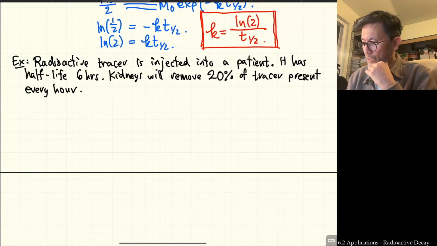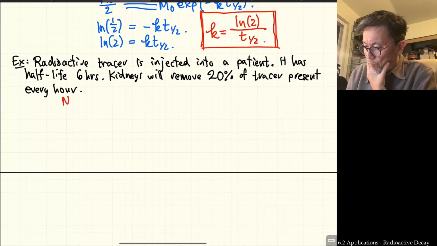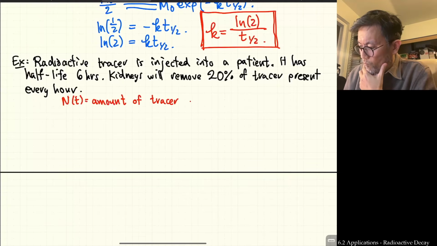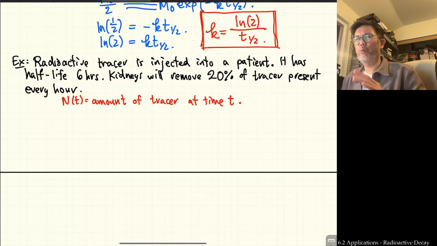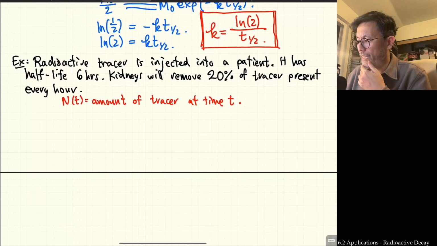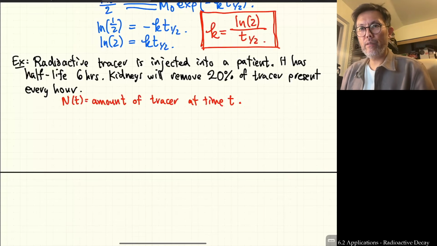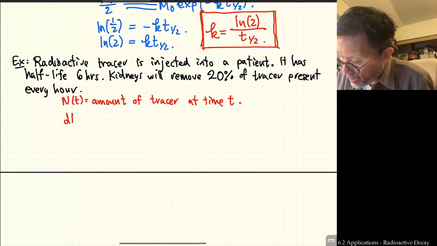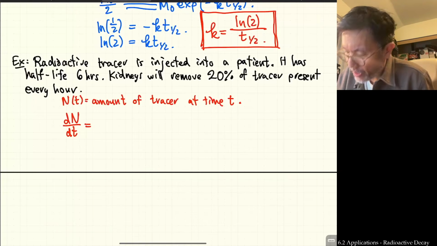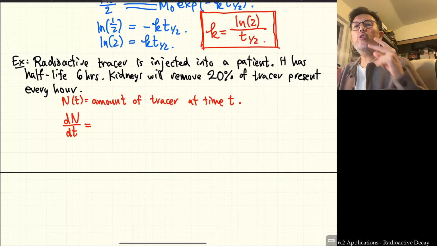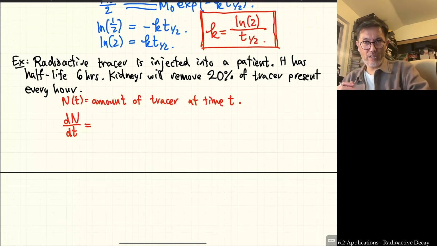So let's call N of T the amount of tracer present at time T. And I won't worry too much about units right now. I'll let you worry about that. Then we have the following idea that dN/dt is going to have two contributions.